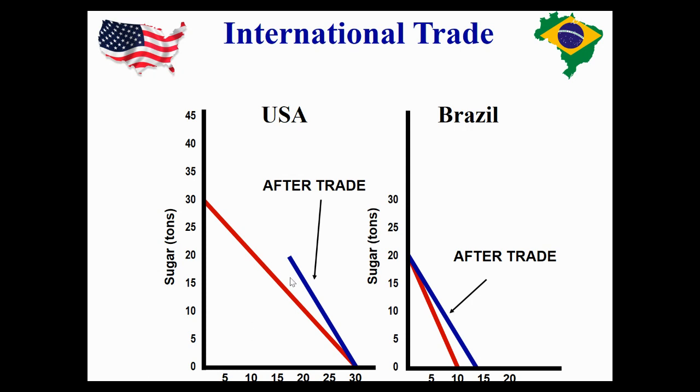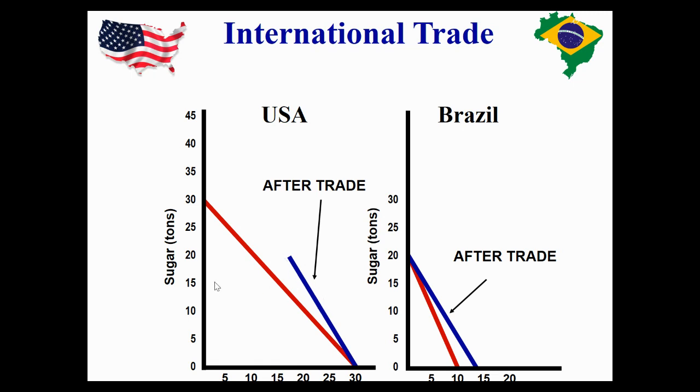So if you take a look after trade, this little part right here is the consumption curve that they could get for the trade. That makes everything better off. Now, this line stops here because Brazil can't trade anymore. That would essentially be them giving up all of their sugar, right? They're not going to trade any more of that.